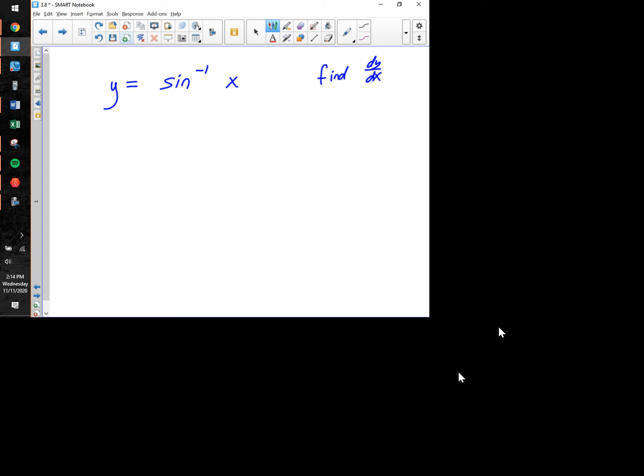So what I'm going to do instead is take the sine of the right side and balance that out by taking the sine of the left side of this equation. Well, the sine and the inverse sine cancel, and we've now rewritten this as the sine of y is simply equal to x. And now, everybody, I'm hoping you recognize that sine of y equals x is an implicitly defined equation.